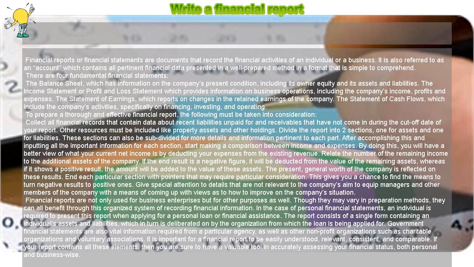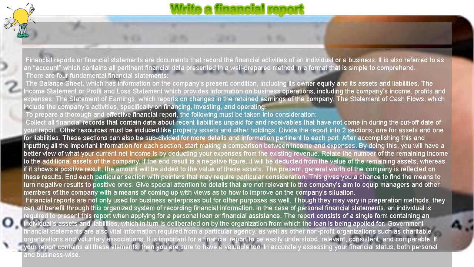Relate the number of the remaining income to the additional assets of the company. If the end result is a negative figure, it will be deducted from the value of the remaining assets, whereas if it shows a positive result, the amount will be added to the value of these assets.